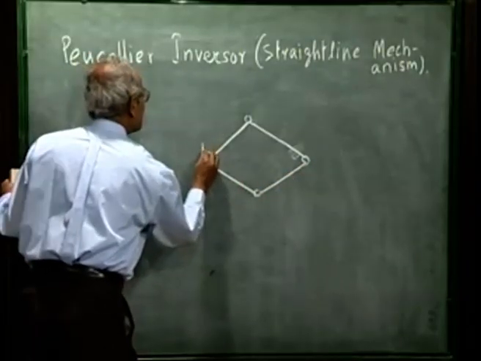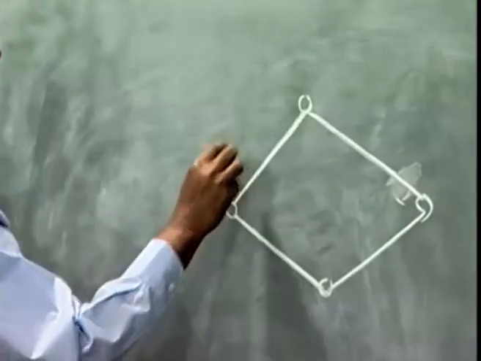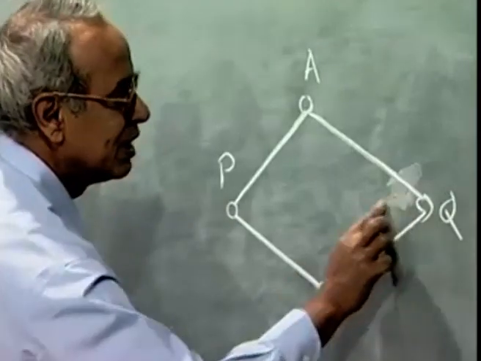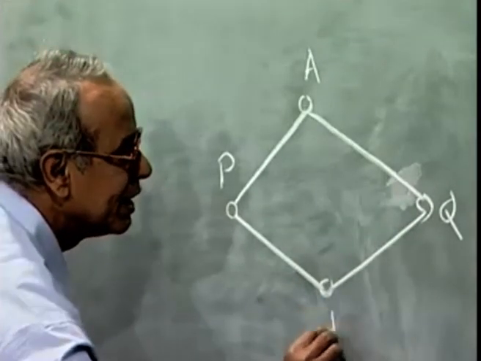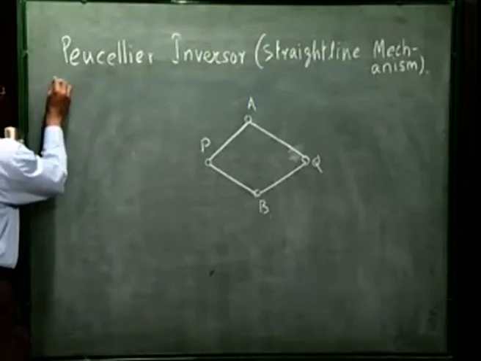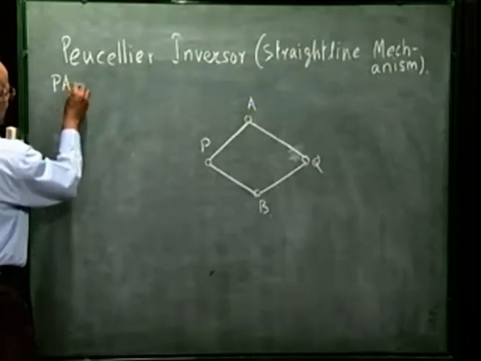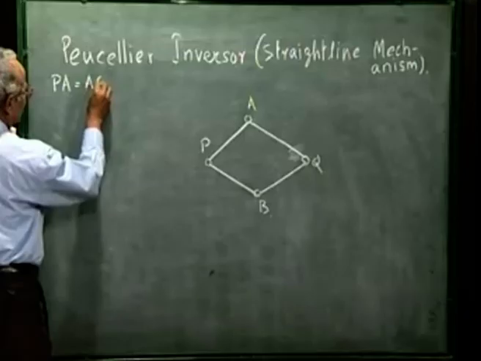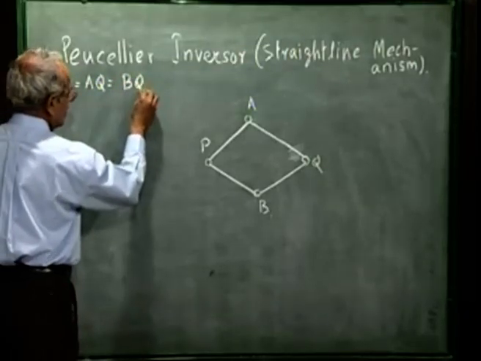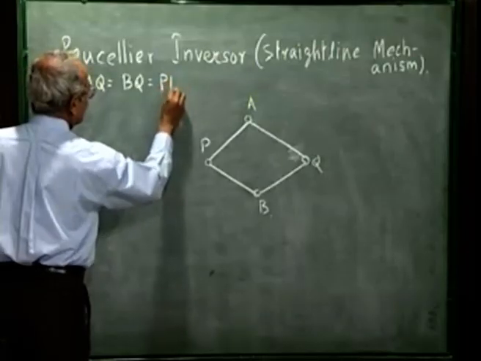Let me call this point P, this point A, this point Q, and this point B. This is a rhombus, that is all link lengths are equal, PA equal to AQ equal to BQ equal to PB.